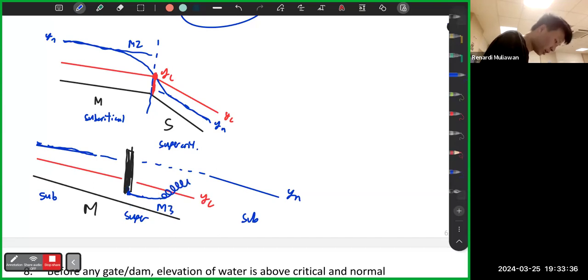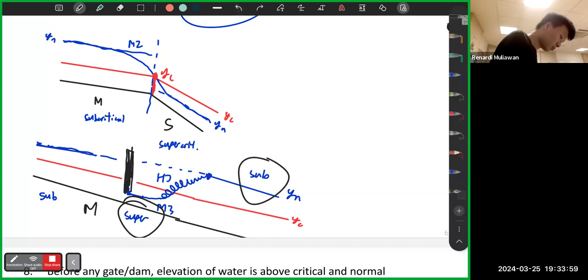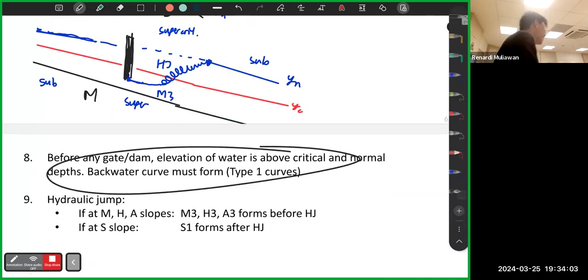And then the hydraulic jump goes back to YN, something like this. As you can see, if we go from super to sub, it's always a hydraulic jump. What happens here, I'll explain in part 8.